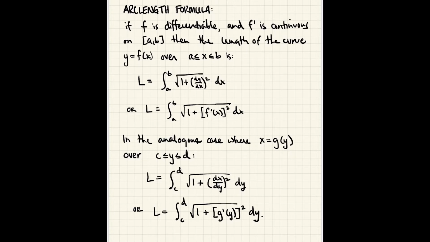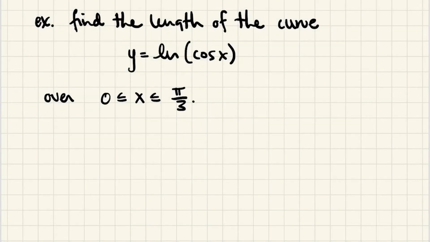All right, so let's see some examples where we want to find some arc lengths. So here we have a curve, y equal ln of cosine of x, and particular bounds. And we want to find the length of the curve between those 2 bounds. So, okay, yeah, I needed this calculation just the other day, buying tomatoes at Ralph's.